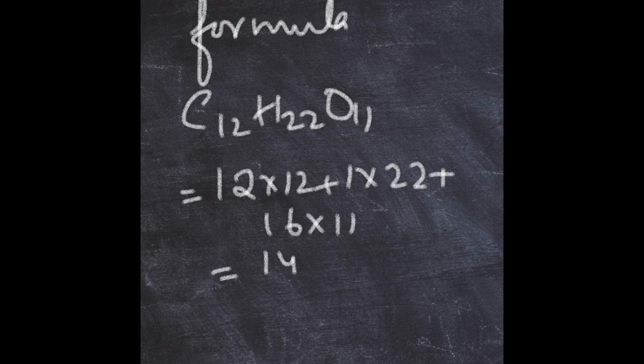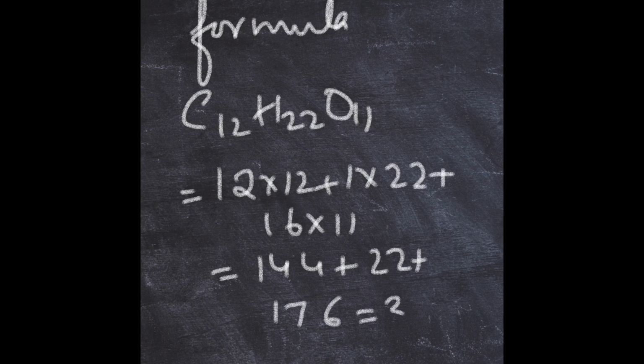So this is 144 plus 22 plus 176. So this is 342 u. Always remember the molar mass of cane sugar as 342 u because it's generally asked.